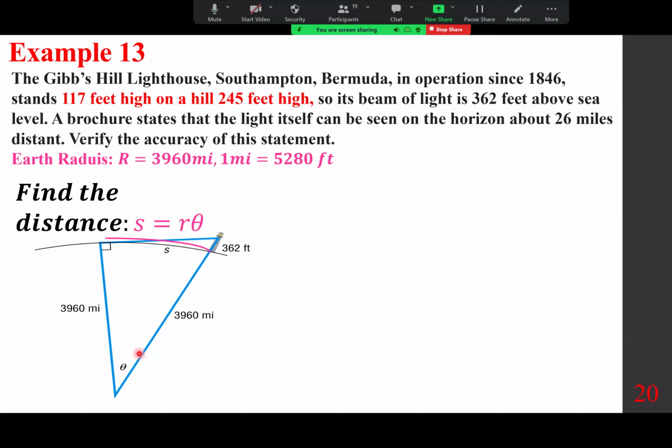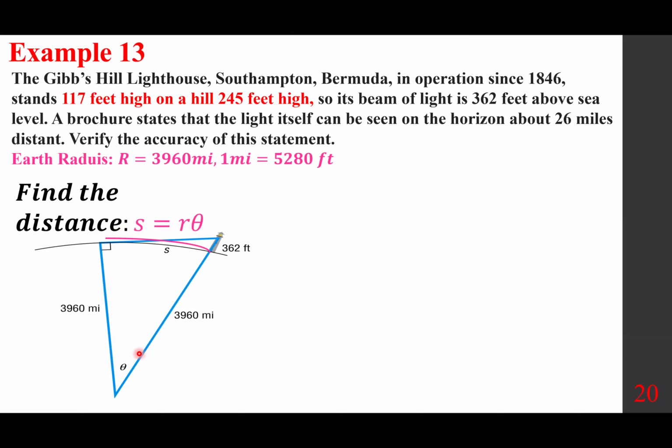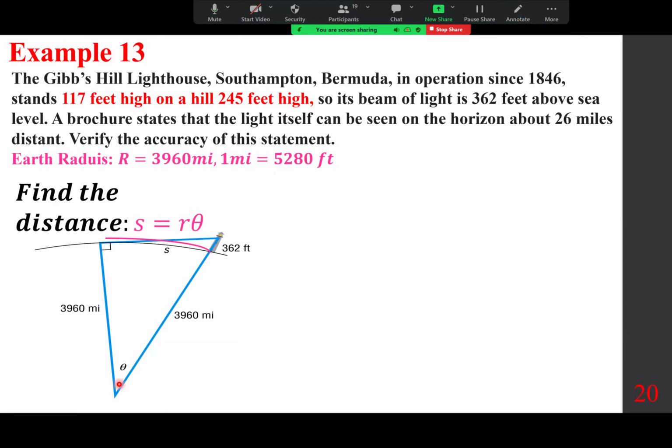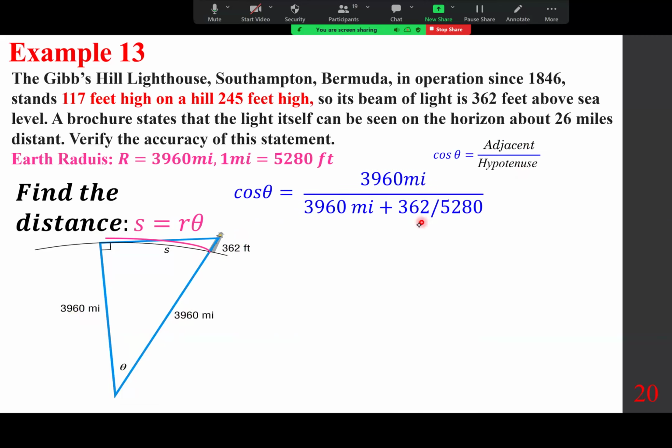And to find the theta, you can go, for example, cosine is the adjacent, which is this number, over the hypotenuse, which is the sum of these two numbers. So cosine theta is adjacent over the hypotenuse. And therefore, cosine theta, the adjacent to theta is this number, 3960. And the hypotenuse is the sum of these two numbers. And I'm going to just write it as sum of those two.